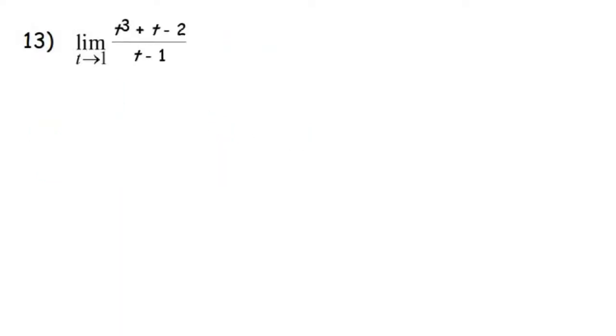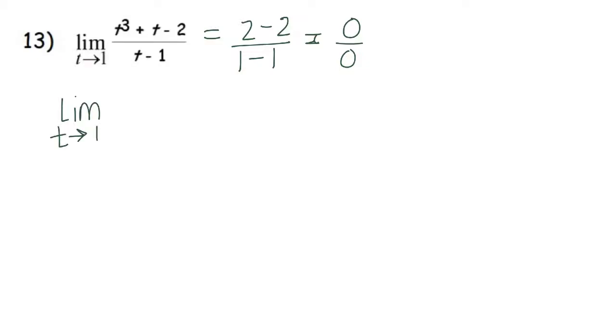Okay, 13. Again, plugging in, we get 2 minus 2 over 1 minus 1. So yes, we're back to 0 over 0 again. So L'Hopital's Rule. So we have the limit as t approaches 1 of 3t squared. Oh, y'all, I did not write L'Hopital.